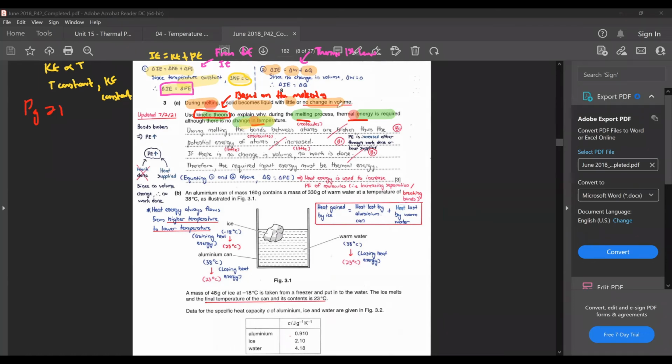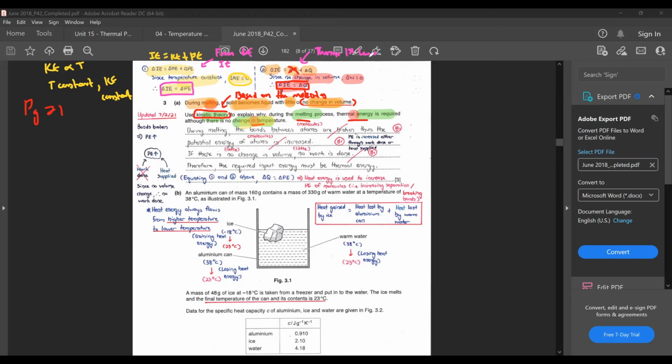Now, when you melt something, they already told you a solid tends to become a liquid with little to no change in volume. Let's just talk about the part where it has no change in volume. When you do not have any changes in volume, you do not have any work done. So this one here would be gone already. So your increase in internal energy is actually equal to your heat supply.